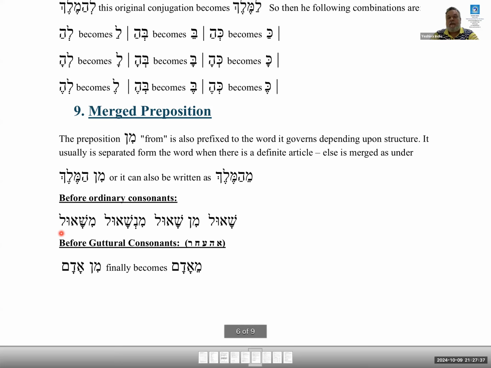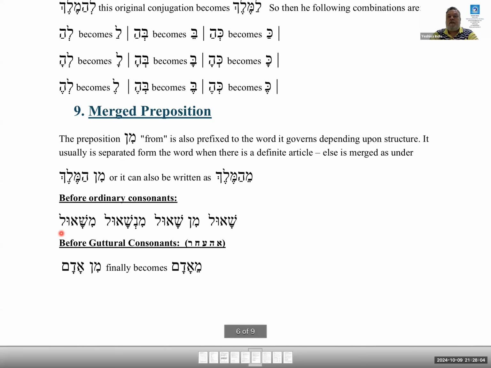Ham melech, mishaul. Yeah, that's exactly. I noticed it first, and I see it happening again. So how does that happen? Is it a law written in stone that it has to happen, or we have to assume that it happens? No, it happens. That's how the Hebrew is, because you're removing consonants, so therefore they tend to double the second consonant.